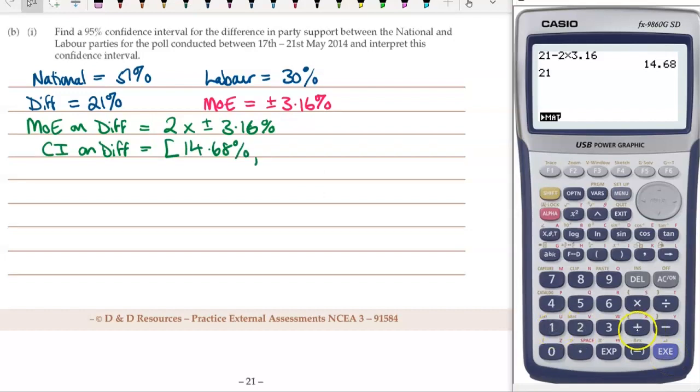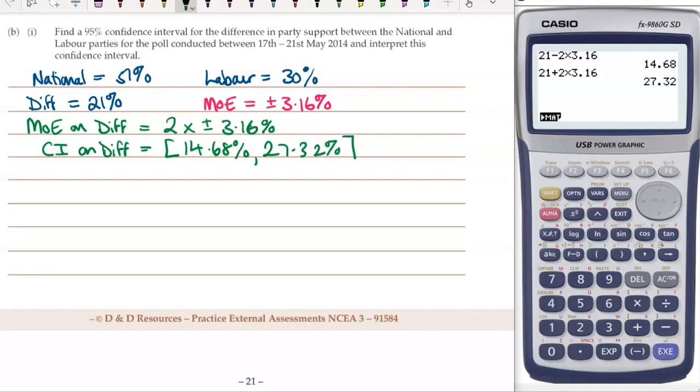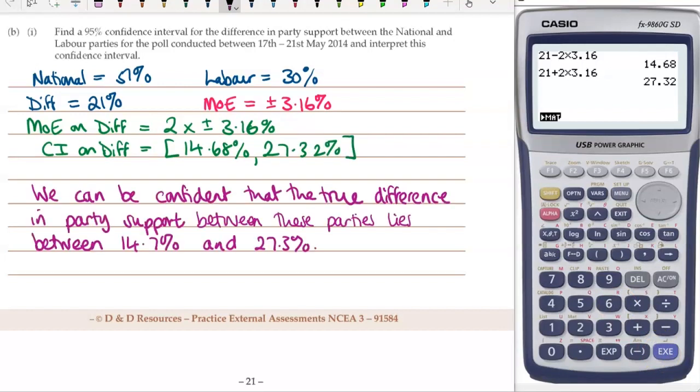And 21 add on 2 times 3.16 is 27.32%. So we can be confident that the true value of the difference between these two parties is somewhere between 14.7% and 27.3%, which is basically saying National has a big lead on Labour on this one.